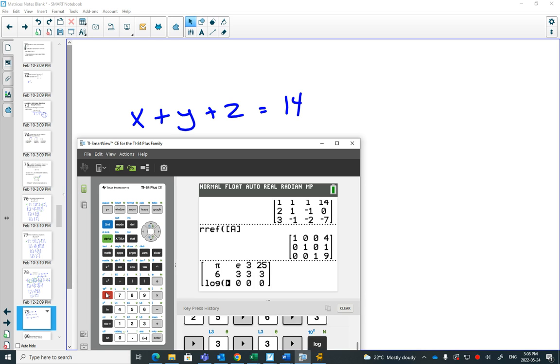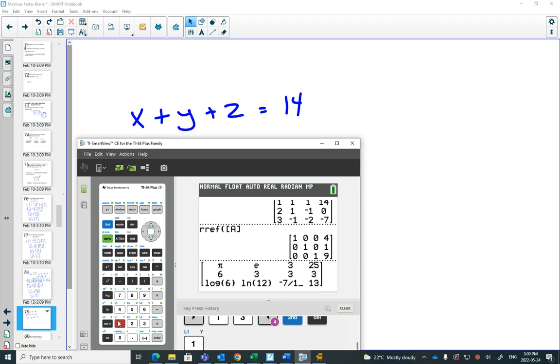You want log of 6? Natural log of 12? And now we have to make sure we have that negative 7 on 3. And 13. That is important. There we go.